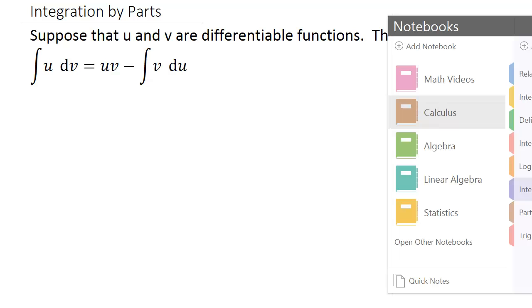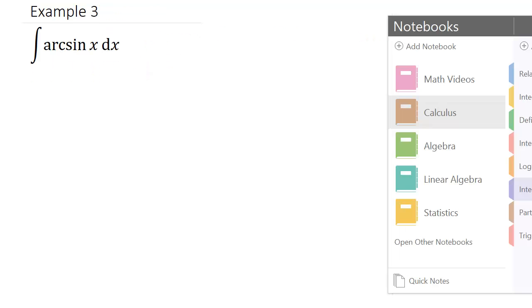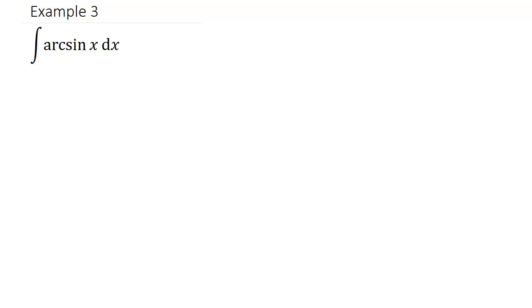Alright, so let's take a look at this third example. We're going to integrate arc sine x. So we've got arc sine x here, and of course that is the more complicated, but there's no integration rule for it. So what are we going to let dv equal?